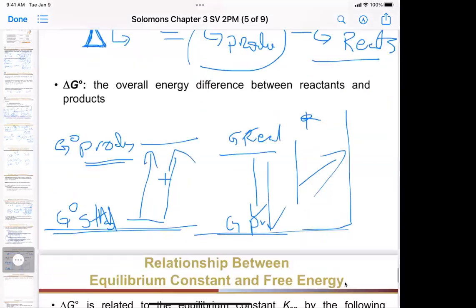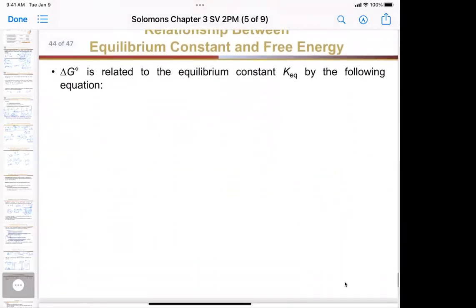Okay, so Gibbs free energy, that's kind of a weird little thing. You know, it's kind of conceptually difficult. Well, let's make it a little easier and compare it to our equilibrium constant. We did that with our acids, right? We got our acidity constants and turned them into something easier to play with.